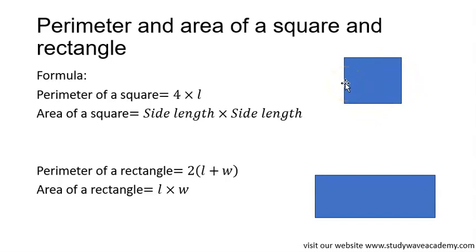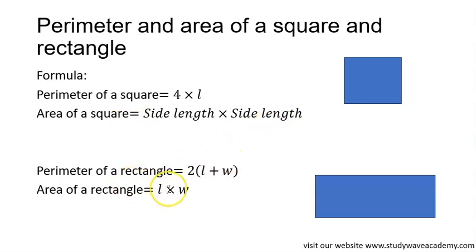Do you understand? All sides are equal. Okay? So to get the distance from this length to this other length to this other length is 4 times L. And to get the area of this shape, this square, to get the amount of space it covers is side length times side length, okay? L times L.